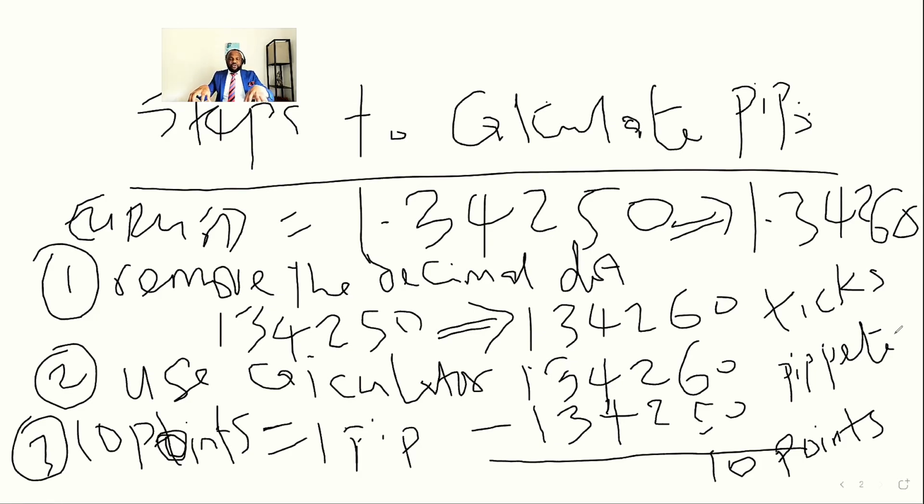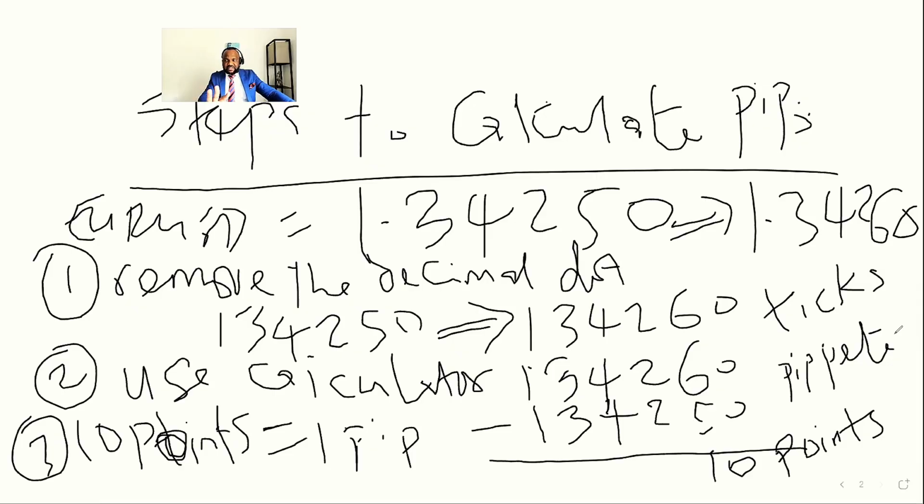Now we have to convert points to pips, using the relationship 10 points equals 1 pip. So anything you find your answer as, divide it by 10. If you divide that 10 by 10, you get 1. So our answer is 1 pip in this example.